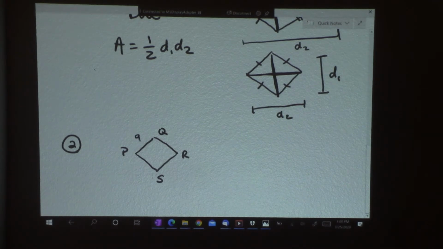This is 9, and this is 12, and these are millimeters. Let's see, the diameter here is 9, so it's that one. And PR is the 12, okay? And we want to find the area.